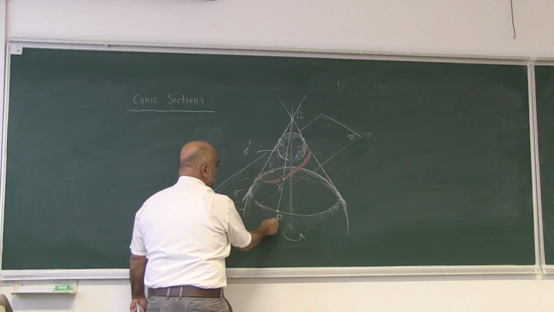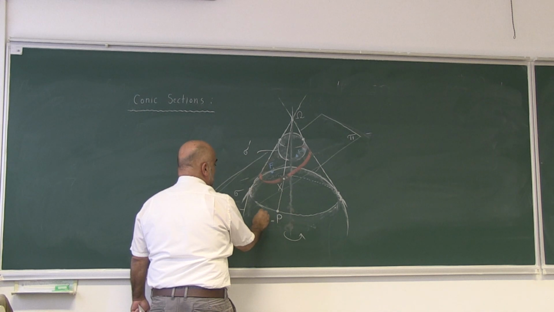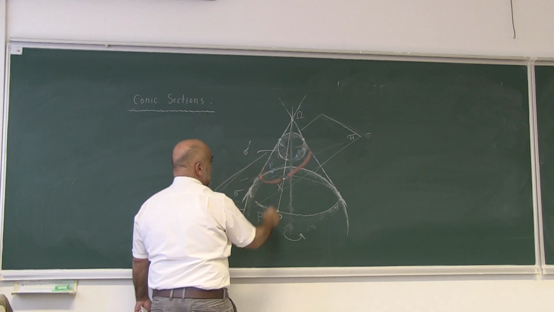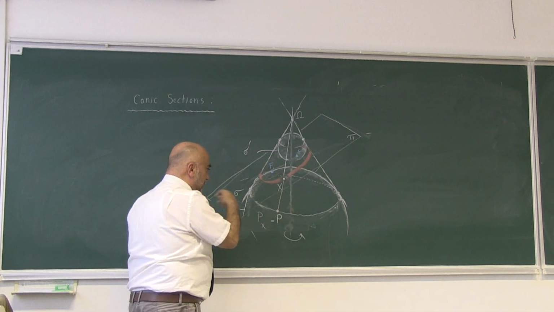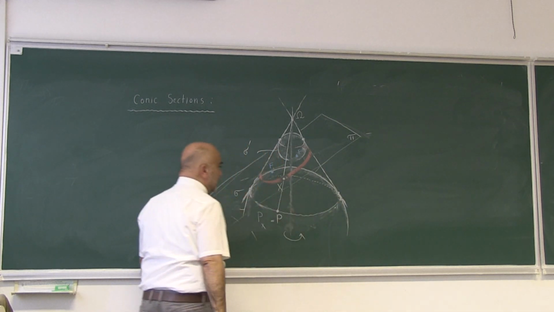And of course, this point P depends upon x. So let's call it, if you like, P sub x. So as x changes, this P will change on this circle of tangency.